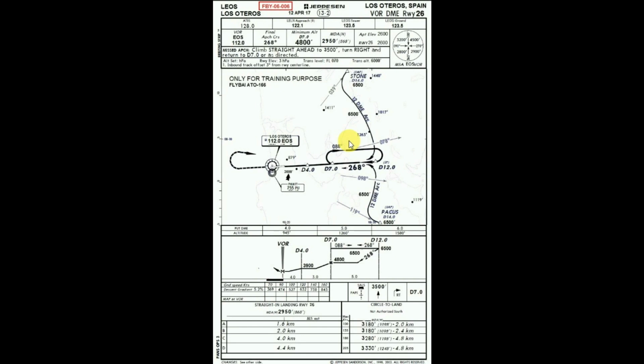And as you can see, for this approach we have 4 different initial approach fixes. This will be the first one, called Stone, which is a fix based on the radial 039 DME 14. Then we have here the intermediate fix, which is distance 12 from the BOR on radial 088.